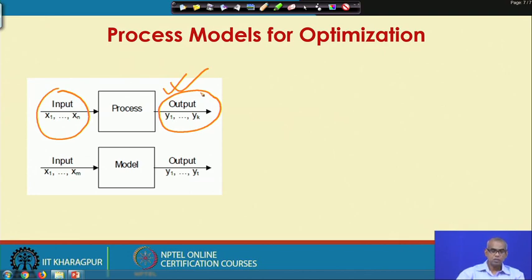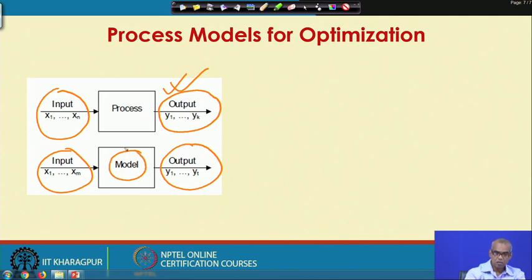If I choose certain inputs and corresponding outputs, the relationship that exists between these inputs and outputs is known as the process model or model.